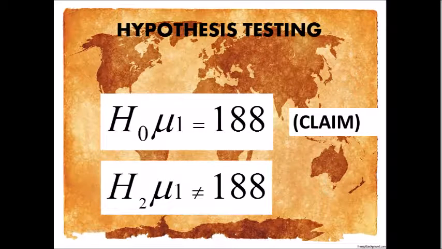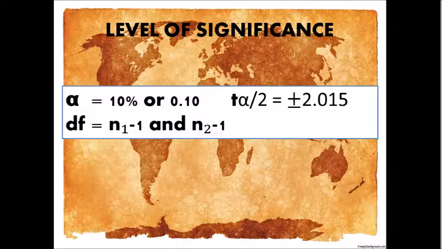Hypothesis testing. Null hypothesis: mu sub 1 is equal to 188, which is the claim. Alternative hypothesis: mu sub 1 is not equal to 188. These are the given level of significance. Alpha is equal to 10% or 0.10.